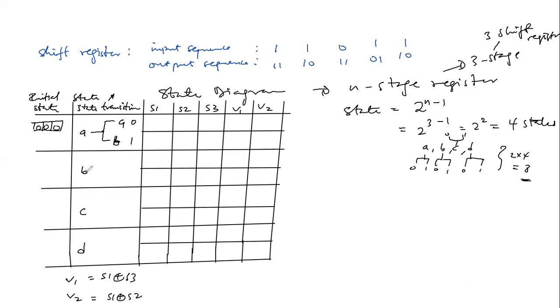Then it means that B should be able to connect to C or D by convention. This can either emit a 0 or 1. Then C should be able to connect to A or B. Then this can emit a 0 or 1. Then D should be able to connect to C, D, right? Which can emit a 0 or 1.